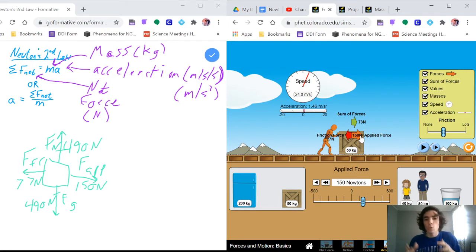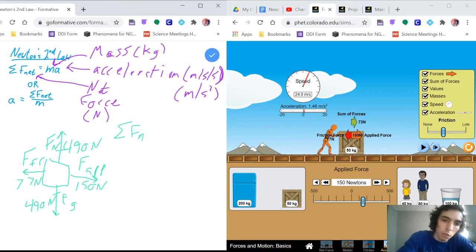So we only add forces up, like literally, sometimes. In this case, in order to find the net force, we would have to do 150 minus 77. So it would be 150 newtons minus 77 newtons to get this net force of 73 newtons.